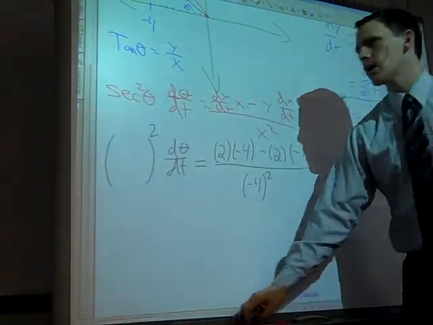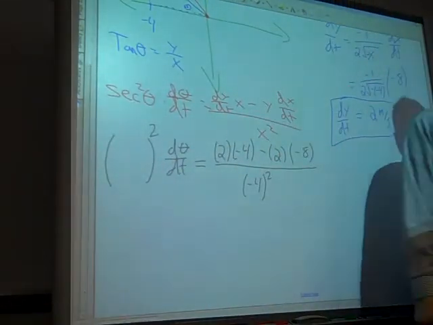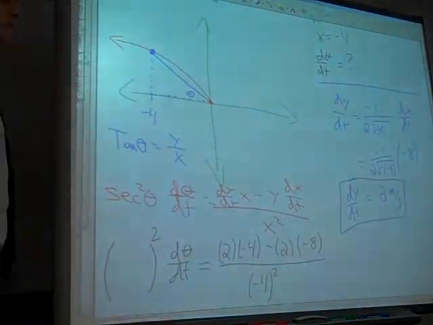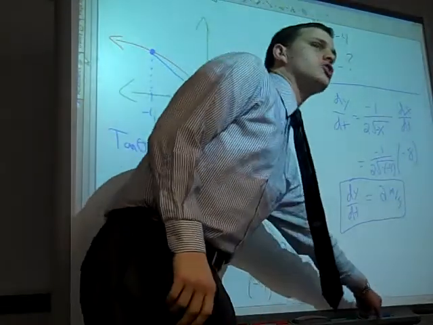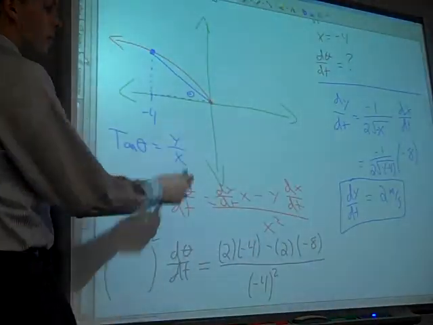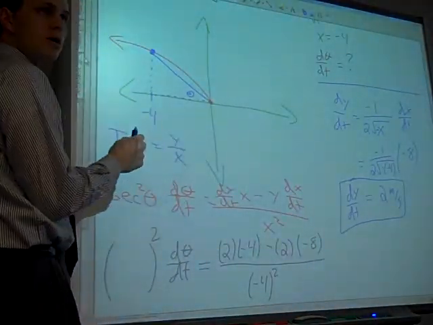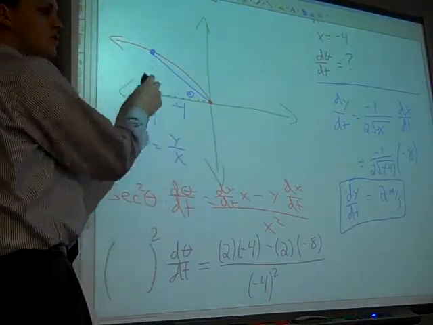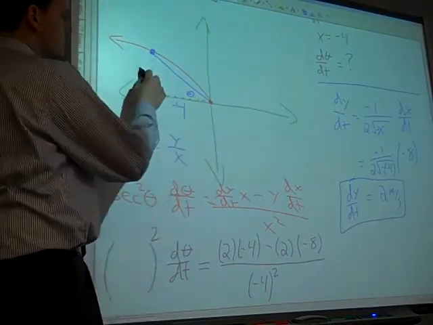And now we're trying to figure out secant squared theta. Instead of solving for theta, trying to figure out the angle, let's use our triangle. The x distance of this triangle is 4, we can even say -4. The height of this triangle is 2.